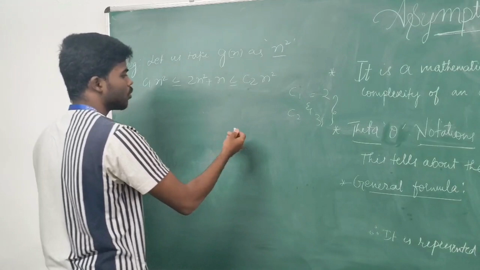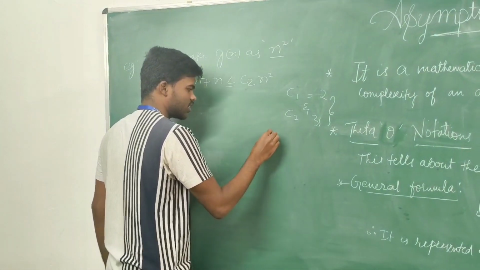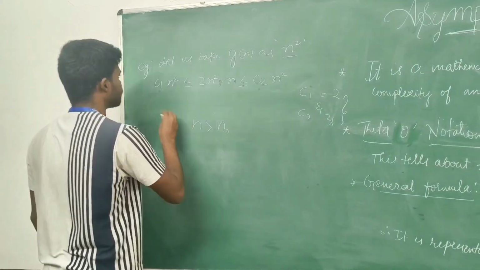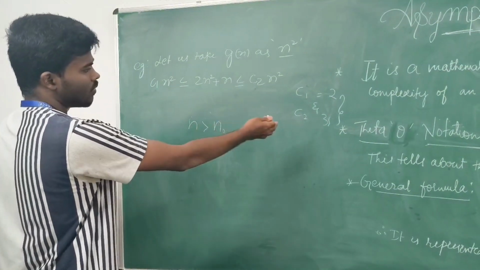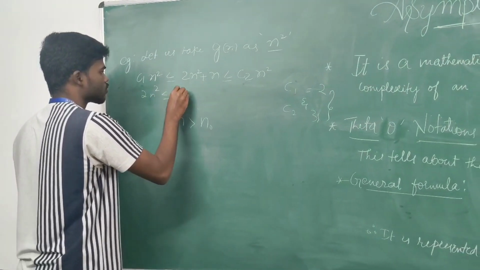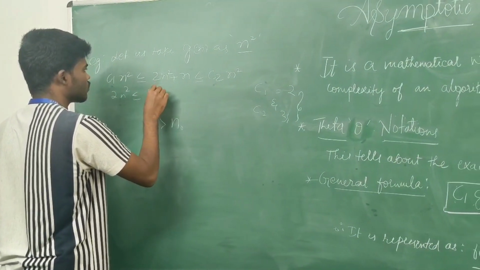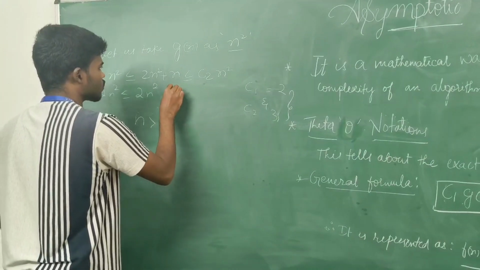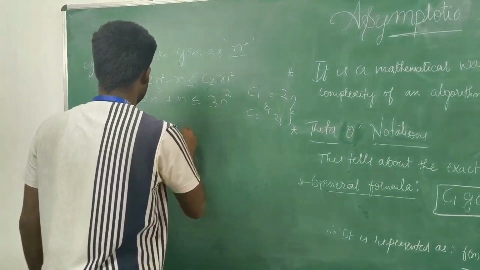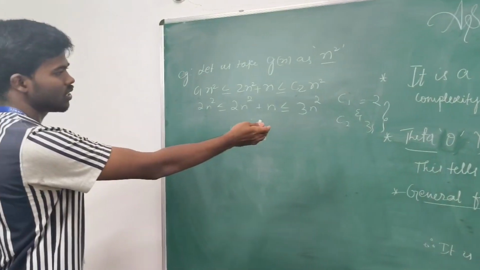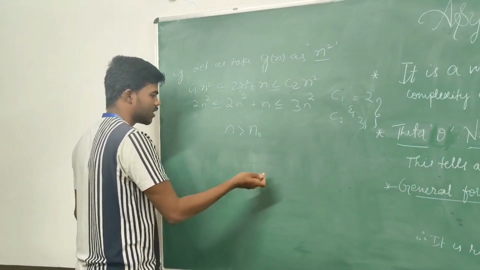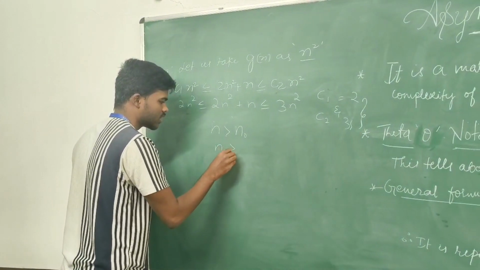Upon fulfilling the condition that n is greater than or equal to n naught, let's substitute the values of the constants. Upon filling the values of the constants, this equation is satisfied, and later becomes n naught greater than or equal to 1.